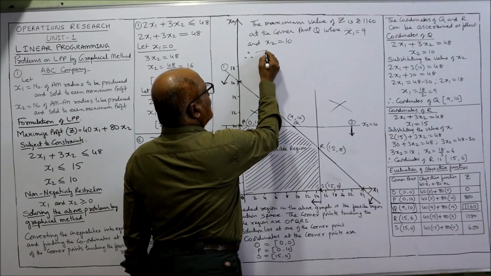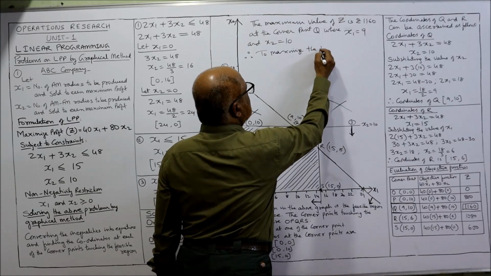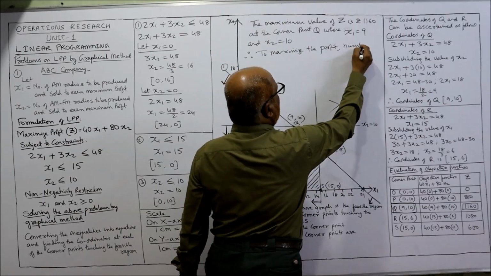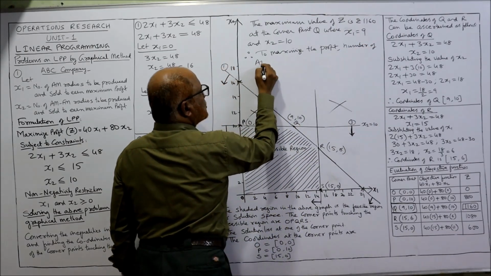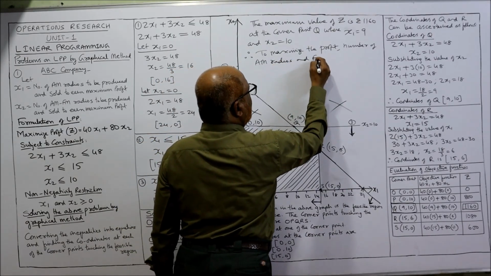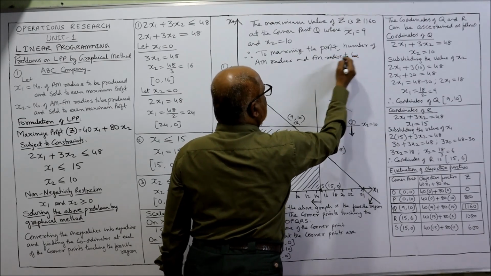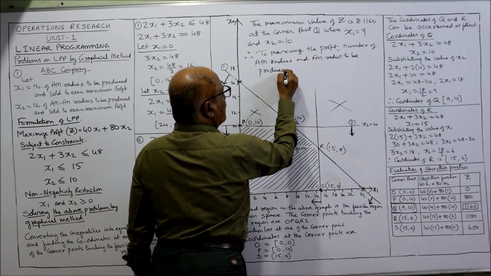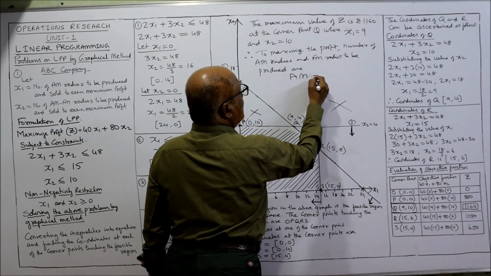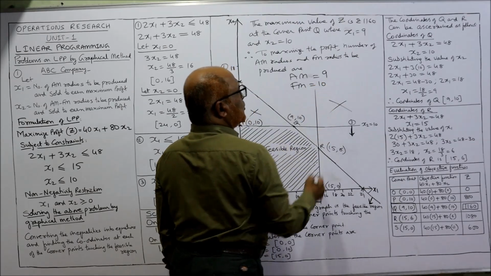Therefore, to maximize the profit, the number of AM radios and FM radios to be produced are AM is equal to 9 radios and FM is equal to 10 radios.